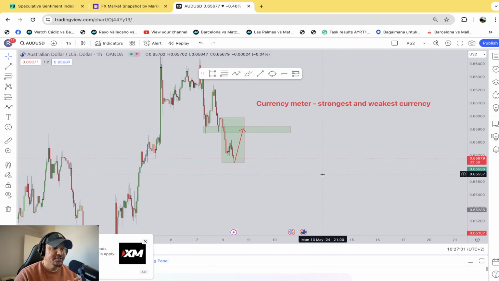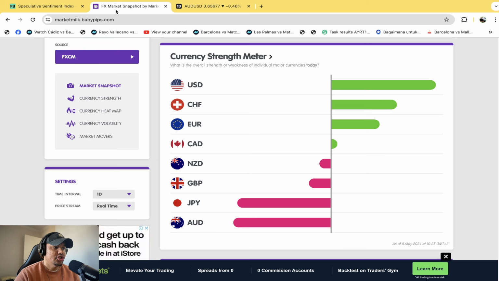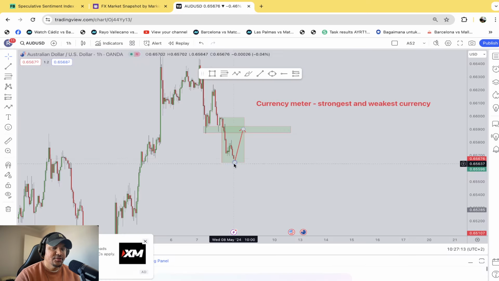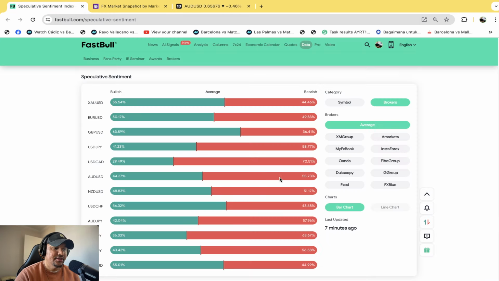The best probability setup in this case is that, let's just assume AUD is the weakest and USD JPY is the strongest, right? When we look at AUD/USD, we also want to see that most retail traders are anticipating AUD to be the strongest and the USD to be the weakest.